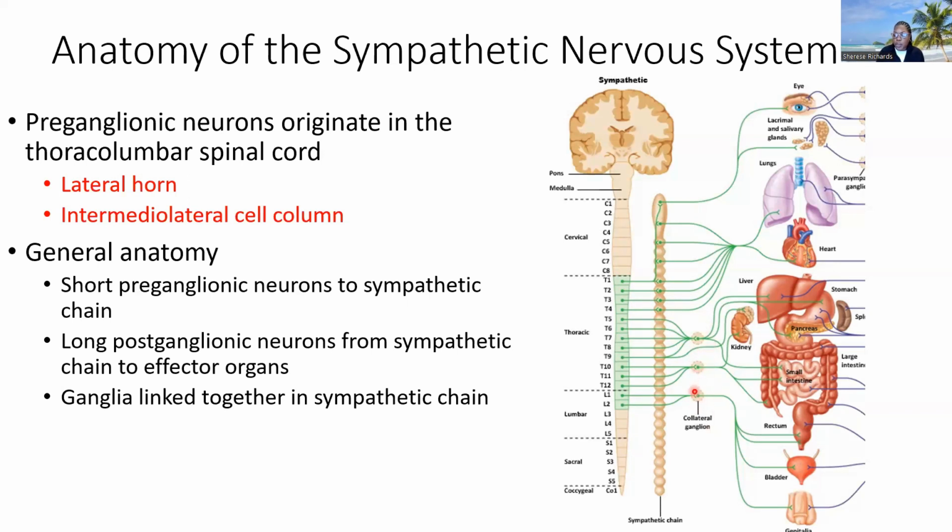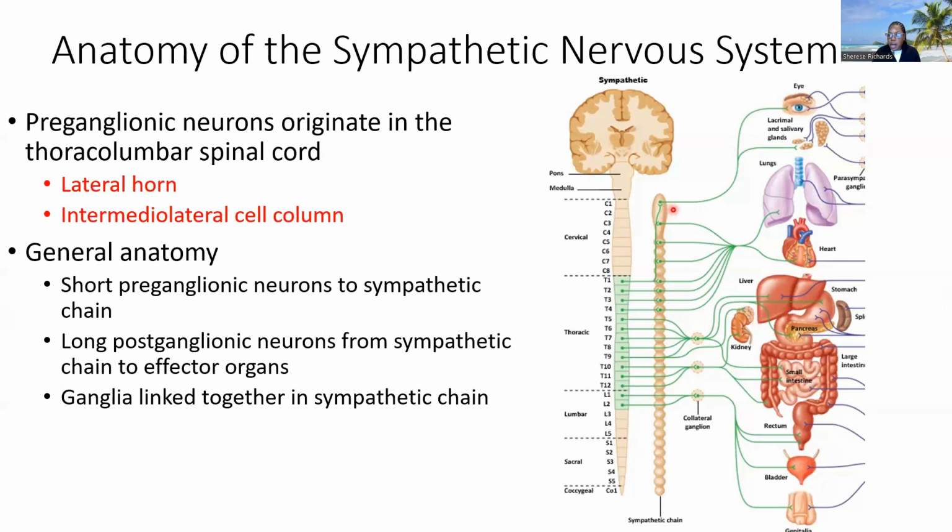That will be option 2, and that will most likely go to the gastrointestinal organs and tract. And then the third option will be the adrenal medulla, and we'll talk about these more specifically. But these are the 3 options for synapsing of a preganglionic neuron arising from the thoracolumbar segment of the spinal cord. From there, there's going to be a long postganglionic neuron, all right?